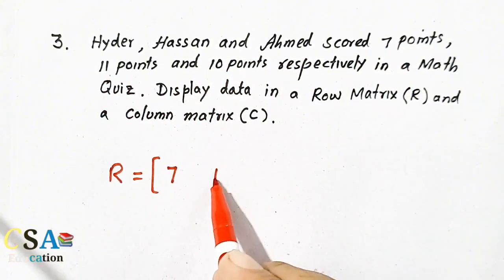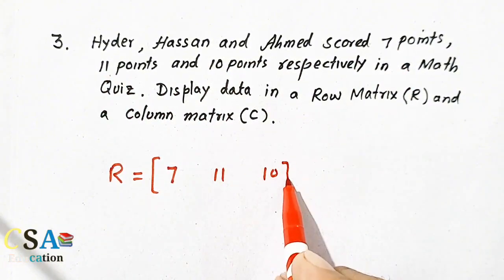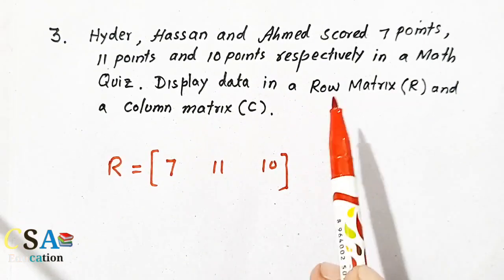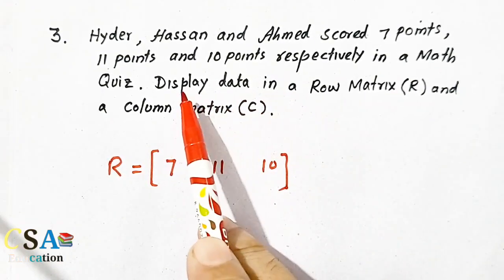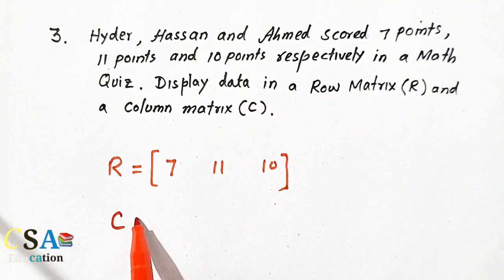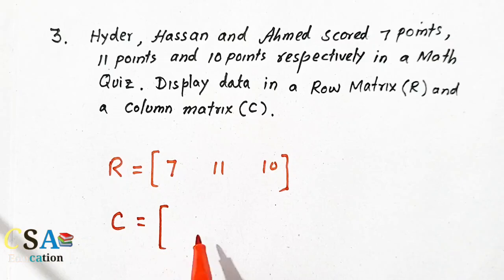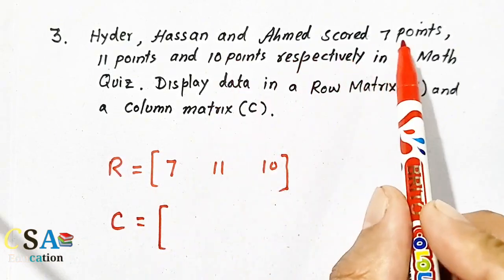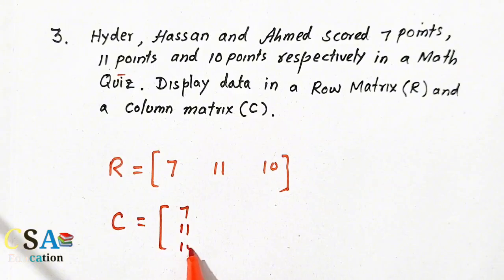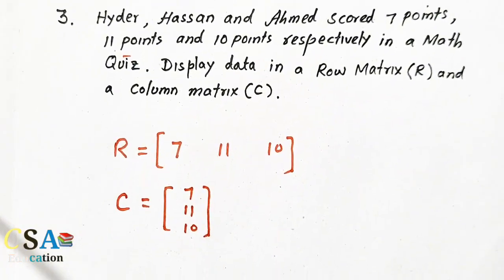So 7, 11 and 10 are written in the form of one row. And next he also demanded us to write the given data in column matrix. So column matrix is represented by C and we have to make one column of this data, 7, 11, 10. So 7, 11 and 10 is written in column form.